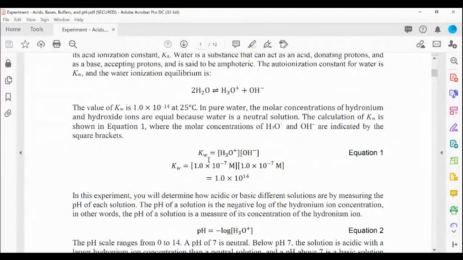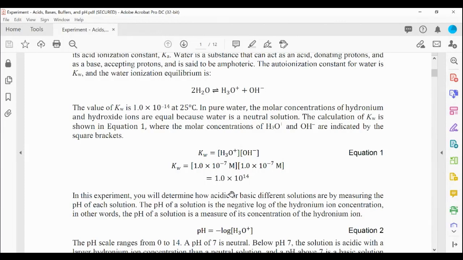Here, Kw equals the concentration of the hydronium ion times the concentration of the hydroxide ion. And because experimentally this constant is 1.0 times 10, here it says 14. That's an error.